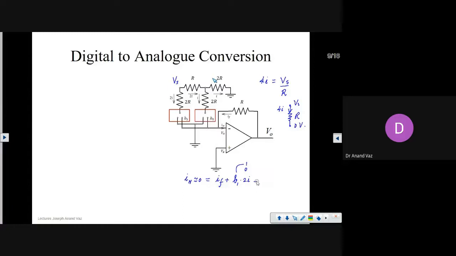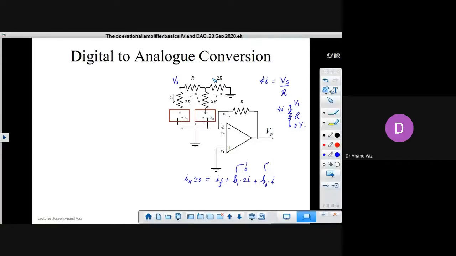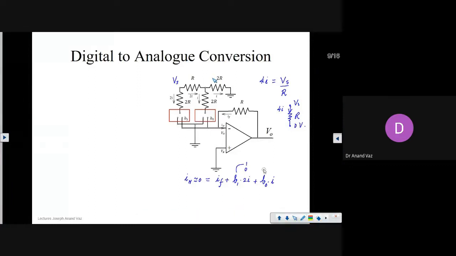Plus here we have another current that will be passing through, that is B0. This is the status of the switch multiplied by the current passing through this branch, which will be I. Okay. Again, B0 can take values 0 or 1, like this.